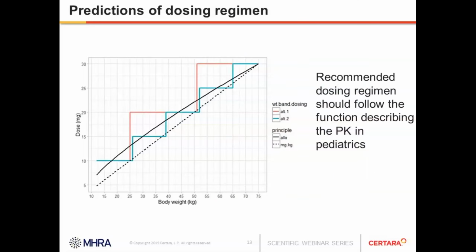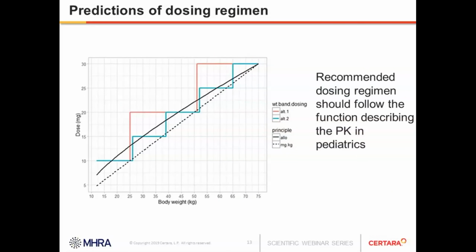And the last request, when presenting results from an allometric scale exercise like this, is to show that the recommended dosing regimen should follow the function described in the PK in pediatrics. So this one compares the doses resulting from the underlying function to the weight banding.